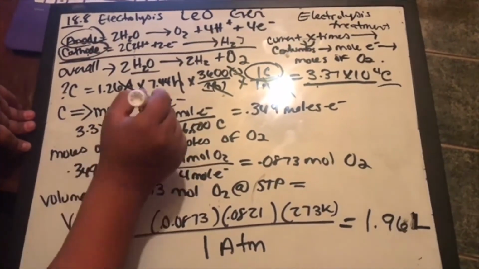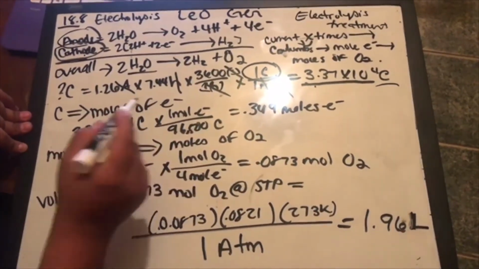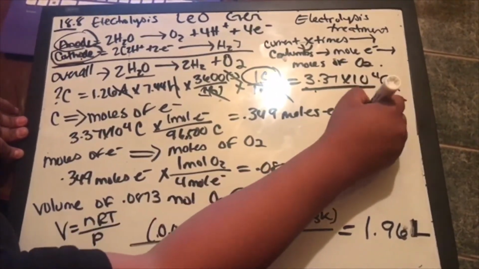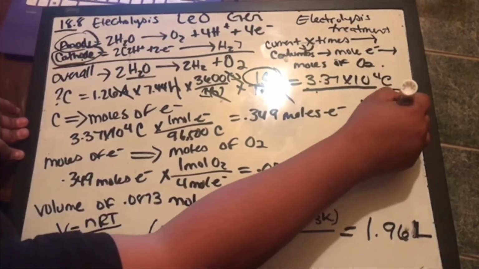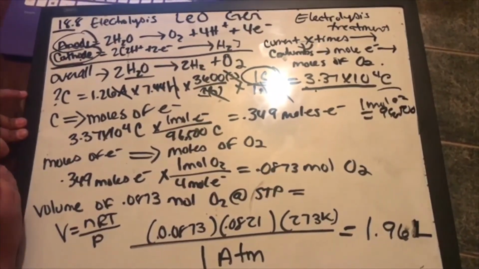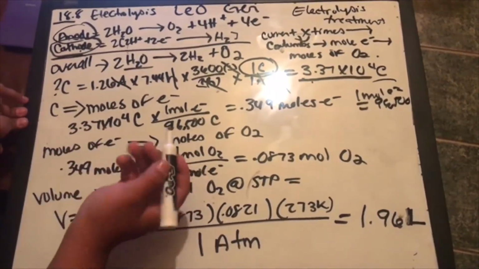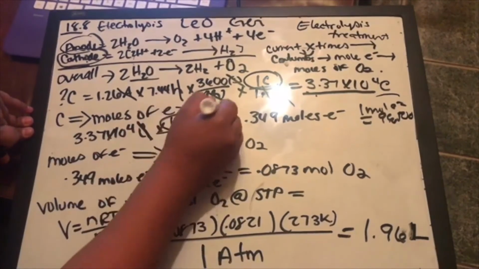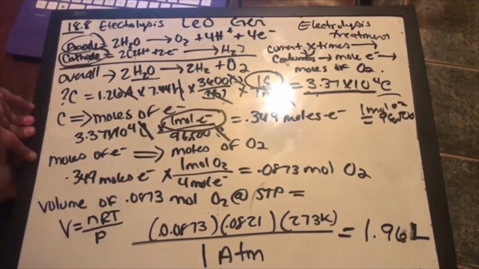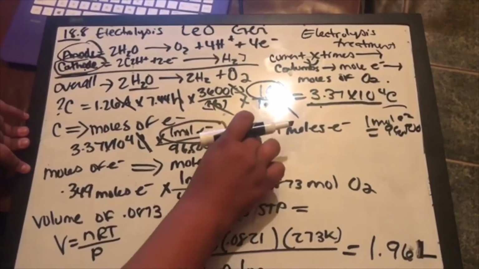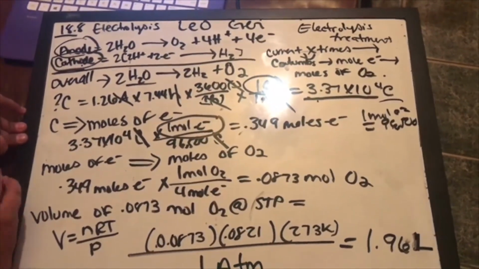And 1 mole of electrons equals 96,500 coulombs. We want to be left with moles of electrons, so we cancel out the coulombs here, and when we put it in the calculator, we are left with 0.349 moles of electrons.